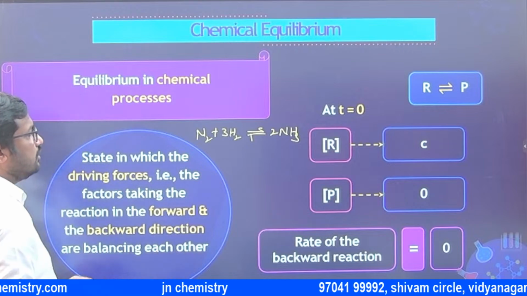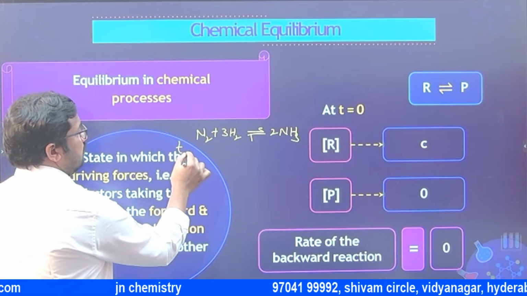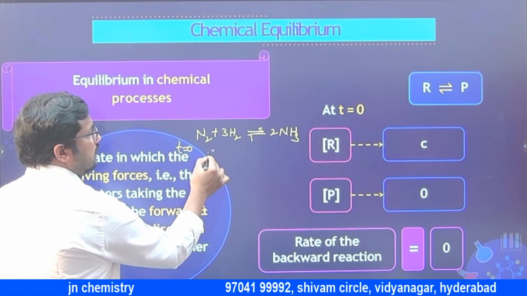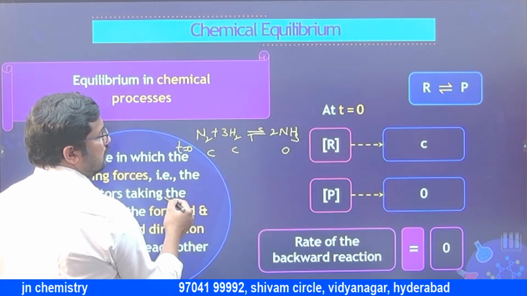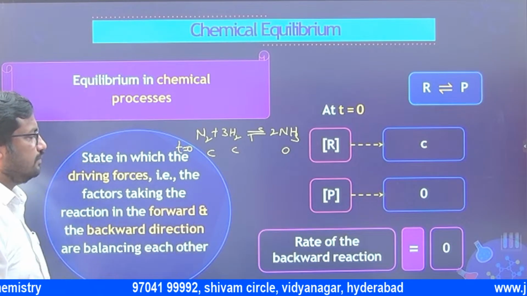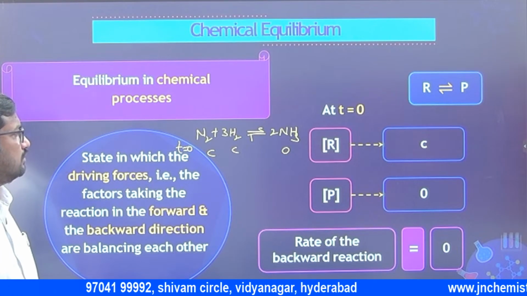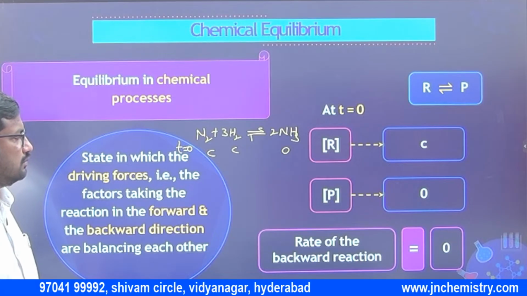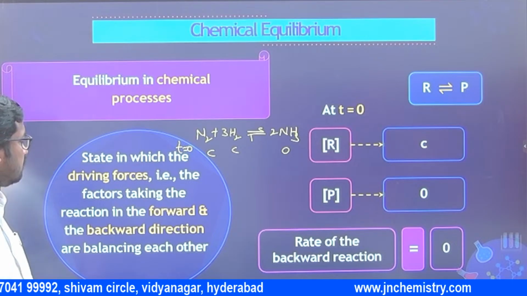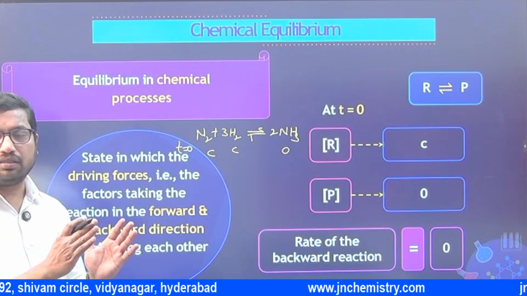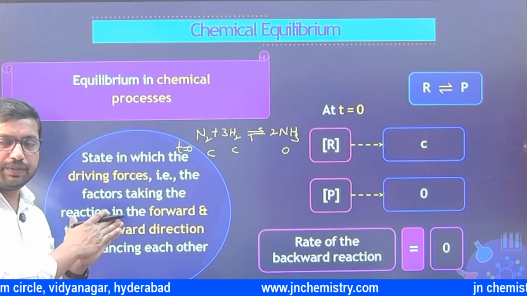At time t equals 0, here is concentration C0, products. So just write physical equilibrium and chemical equilibrium.